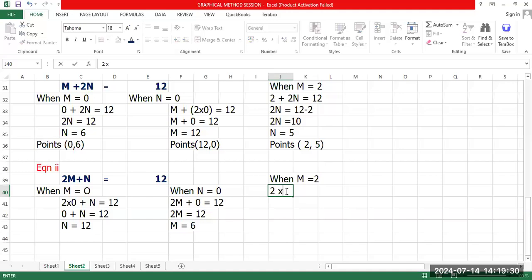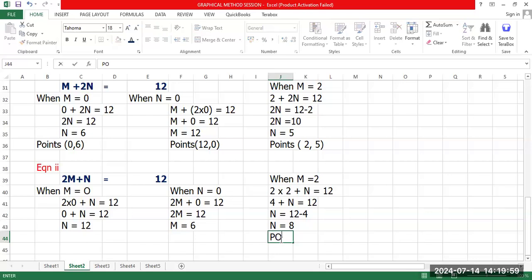It will be 2 times 2 plus n is equal to 12. This is 4 plus n is equal to 12. So your n is equal to 12 minus 4. And finally, n is equal to 8.